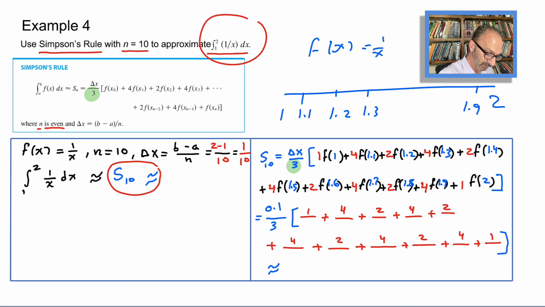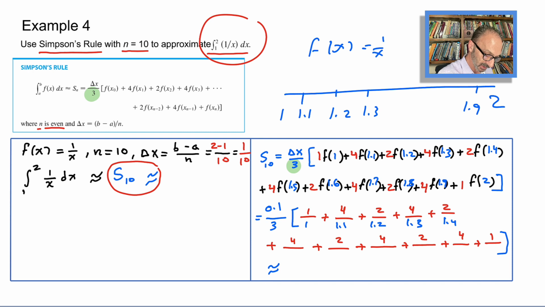So all we need to do is write the coefficients 1, 4, 2, which I keep in red. So we have f of 1, which is 1 over 1, f of 1.1, which is 1 over 1.1, f of 1.2 will be 1 over 1.2, and we'll just move on.